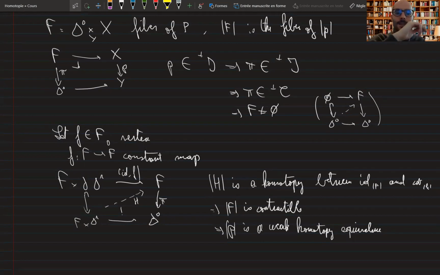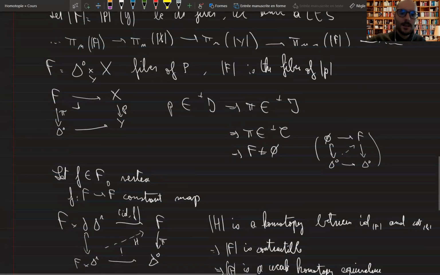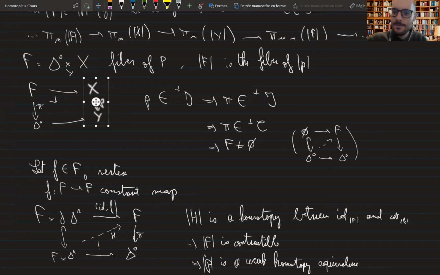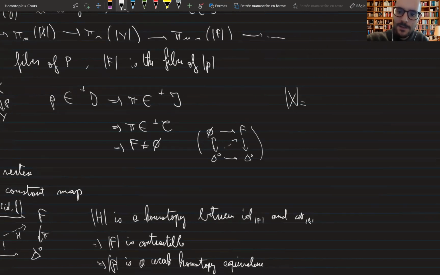All right. Okay, so there is another question, which is why the fiber of the geometric realization of F is the fiber of the geometric realization of P. So for this one, it's really like write down the definition of a fiber, and you will see that something is in the fiber of a geometric realization if and only if, right?